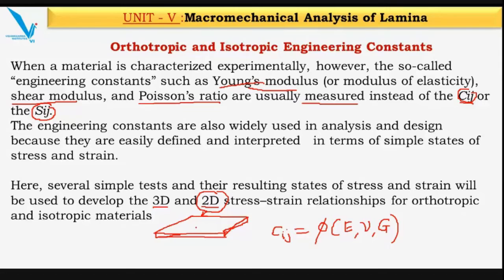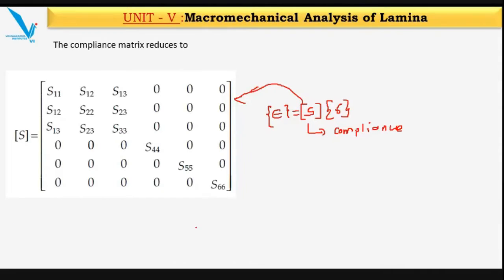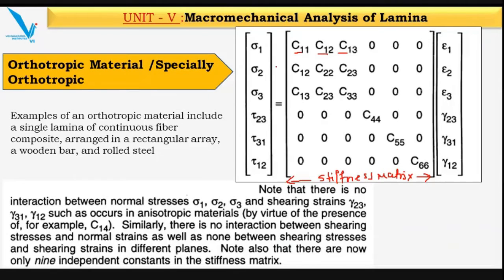The equations that we have seen just now can be reduced further for two dimensions, meaning these things will not be there. Sigma 3 will not be there, epsilon 3 will not be there, and the shear stress components involving the third direction will also not be there.